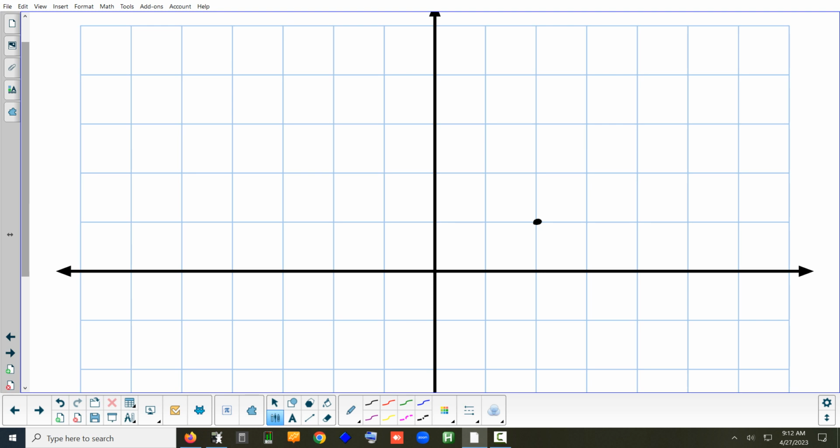Let's draw that vector like that. And then let's draw one like that. Well, I don't want it to come out to 90, so I want to do something different. I don't think that's 90. Okay, so there are two vectors, and the goal is to figure out that angle.